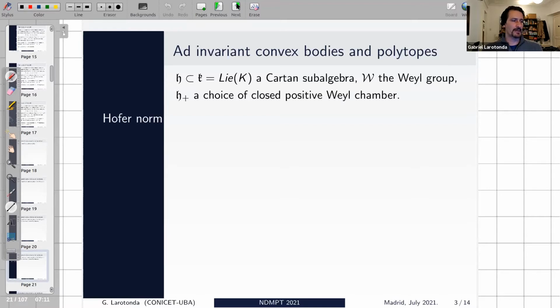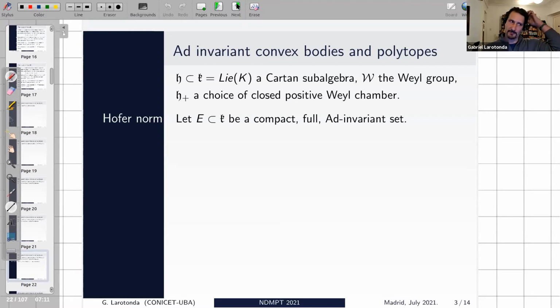And we now define what we call the generalized Hofer norm, which is obtained by picking a compact full Ad-invariant set. Compact and full means that it generates linearly all the algebra. Ad-invariant means that it's invariant for the adjoint or coadjoint action of K, so you want K A K^{-1} equal to A for any K in K.